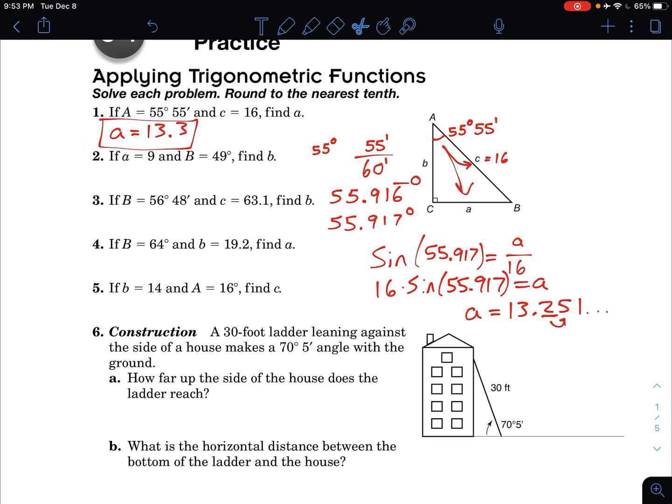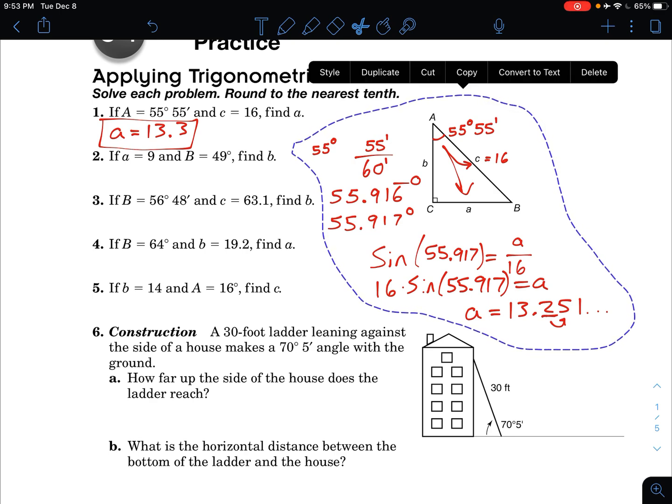Alright, so we do need to get rid of our work for the next problem because we're not using the same A, B, and C. We are using a different A, B, and C. We'll use the same triangle as a reference, but we will remove this portion for now.